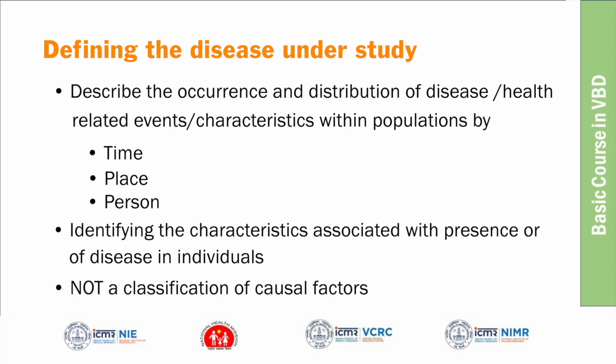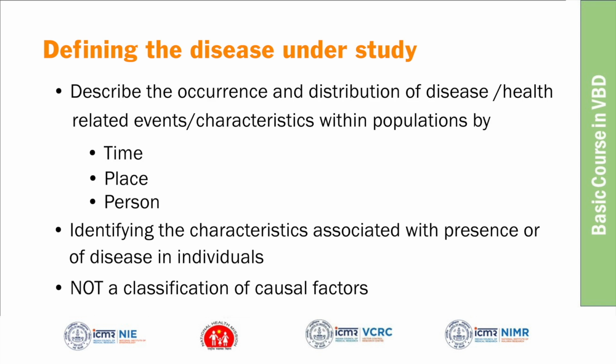Once you have the information about time, place and person, then you can correlate with other factors. What are all the factors present and absent among those with the disease and those who don't have the disease. And this is nothing but grouping of variables according to time, place and person. That is, descriptive epidemiology is nothing but grouping of variables based on time, place and person.